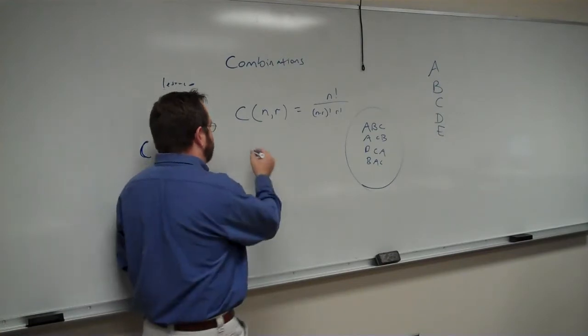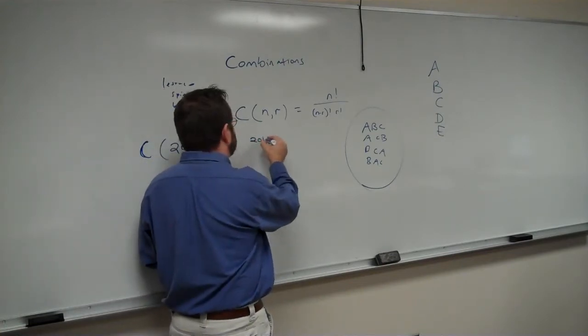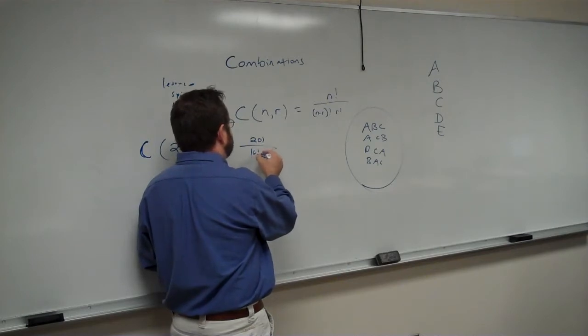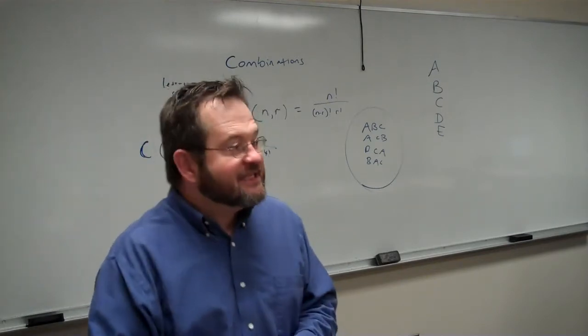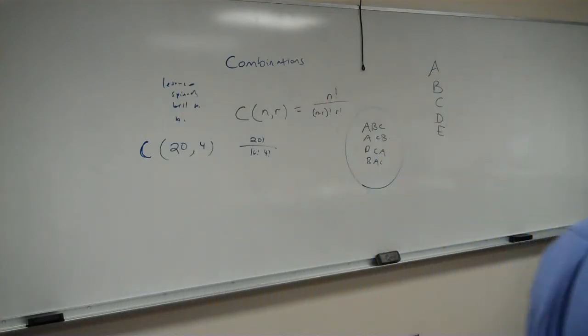This gets pretty big pretty fast. That's going to be 20 factorial over 16 factorial times 4 factorial. 20 factorial is a really big number. Your calculator can probably do 20 factorial, I don't think it'll overload it, but it's a big number.